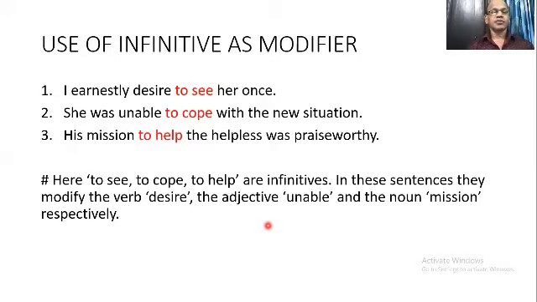It modifies the verb desire. She was unable to cope with the new situation. To cope is an infinitive. It modifies the adjective unable. His mission to help the helpless was praiseworthy. To help is an infinitive. It modifies the noun mission.